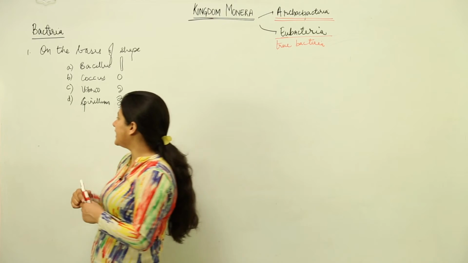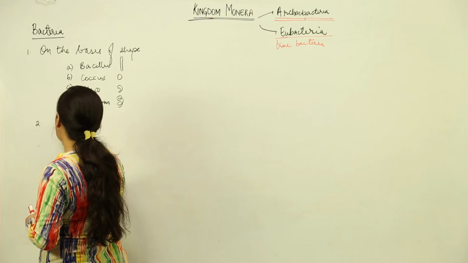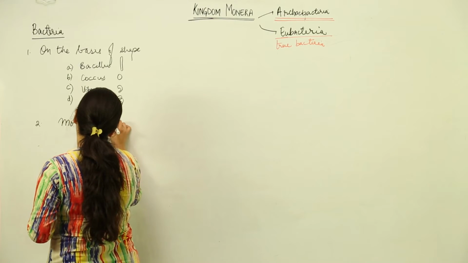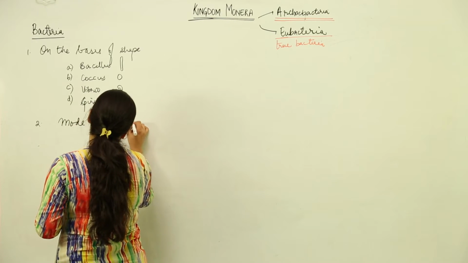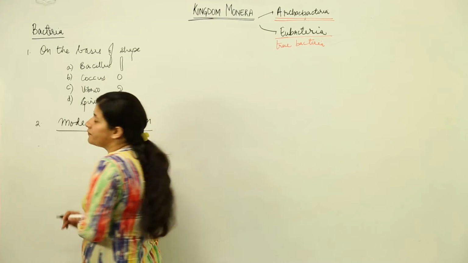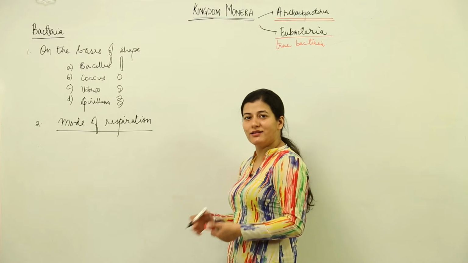Now, the second classification that we have is on the mode of respiration. Alright. We have two modes of respiration. One is aerobic and the other is anaerobic.